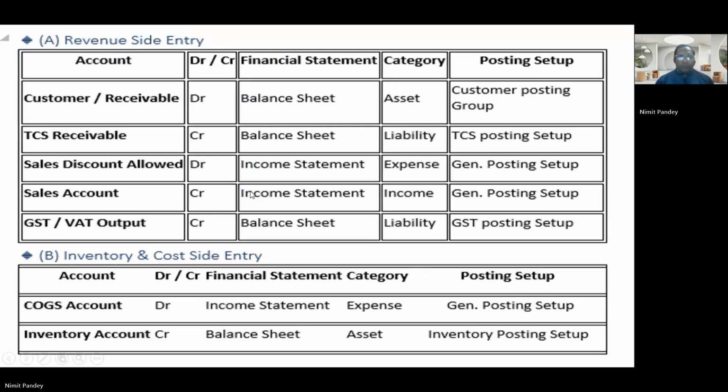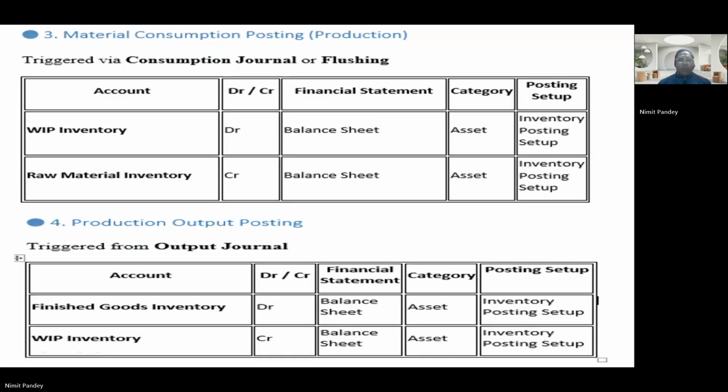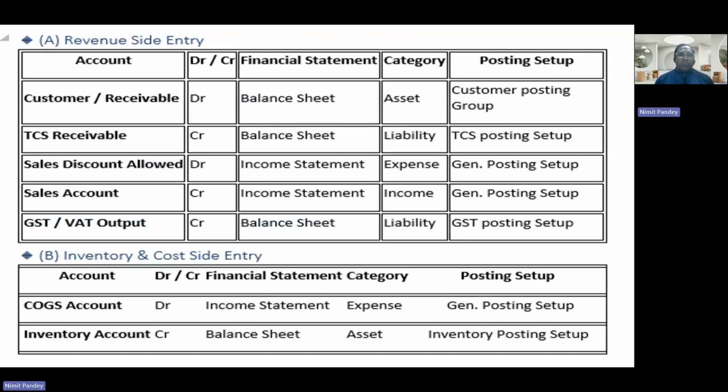Or you can learn it another way also, that whenever anything increases it is debited and decrease is credited. So here inventory decreases when we sell, so it's credited, and the other account is debit.